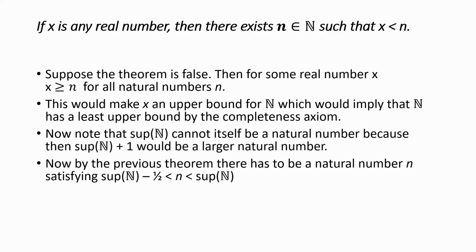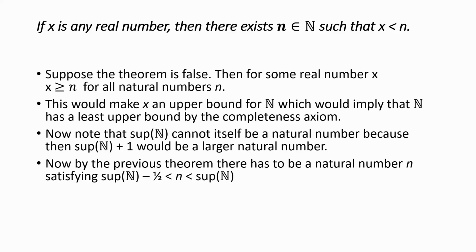So by the previous theorem, there has to be a natural number n satisfying n greater than sup of N minus 1/2, but also strictly less than sup of N. So here we're using the fact that sup of N is not a natural number to find a natural number which is within 1/2 of sup of N. And so we're using that previous theorem that shows that if you have a set and the sup is not contained in it, and if you take anything smaller than the sup, you can find something in the set between that smaller number, sup of N minus 1/2, and the sup of N.